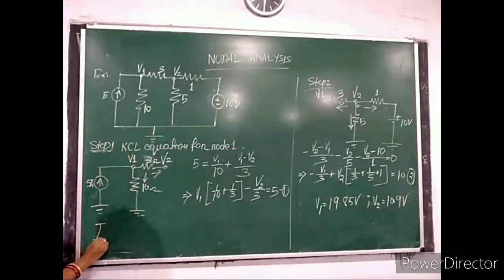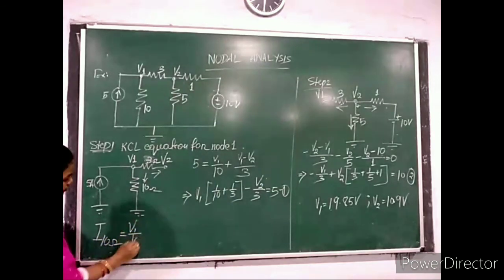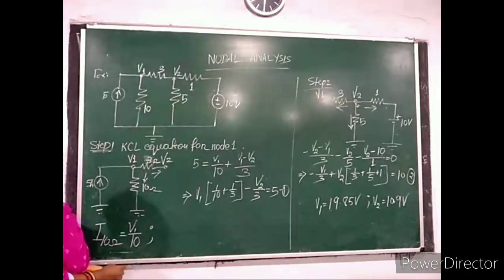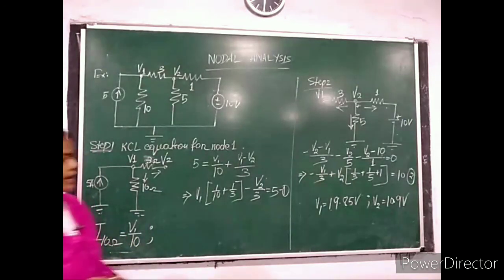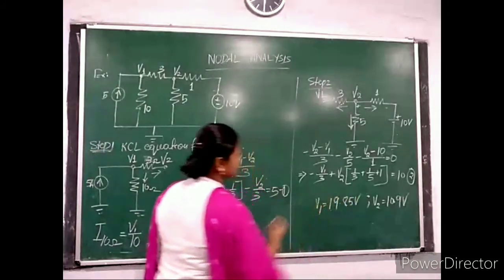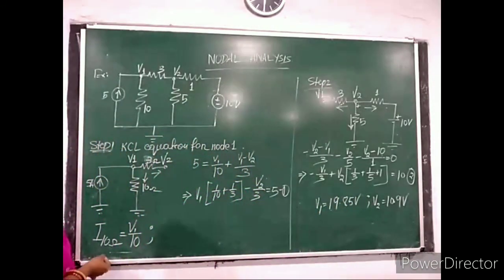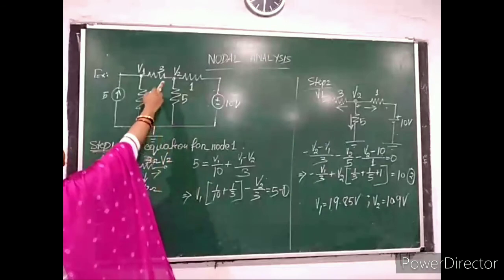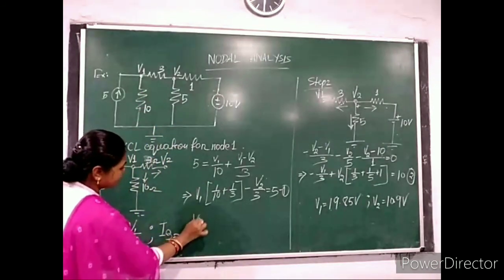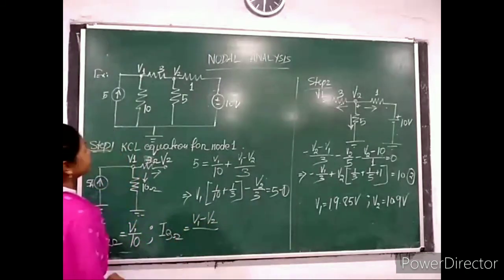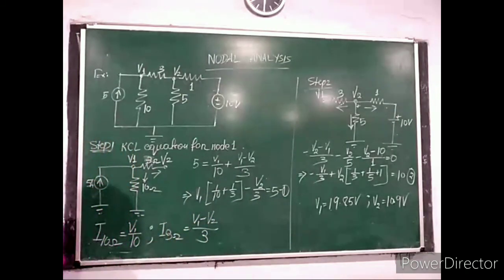If the question is to find each branch current, then the current flowing through the 10 ohm resistor is V1 by 10. For the current flowing through the 3 ohm resistor, you must decide which voltage to subtract from which. As you see here, V1 is greater than V2, so you subtract V2 from V1. The current through the 3 ohm resistor is (V1 minus V2) by 3.